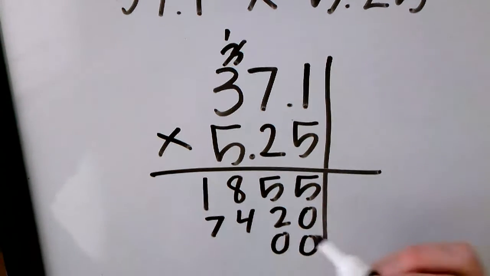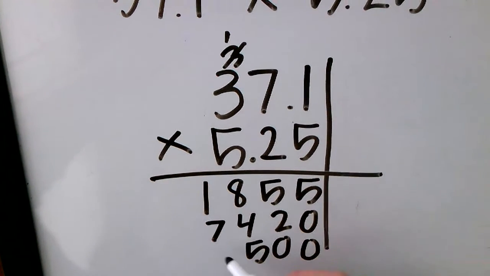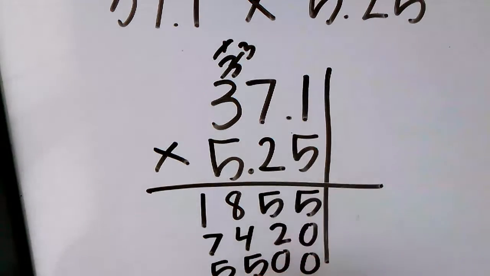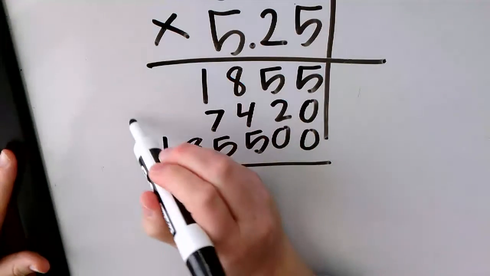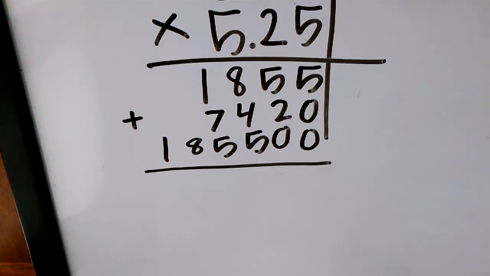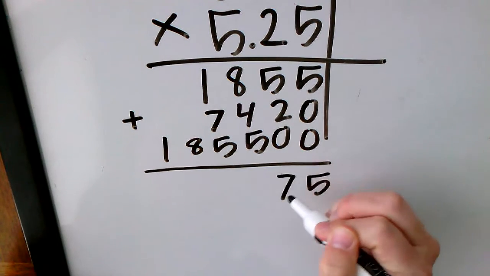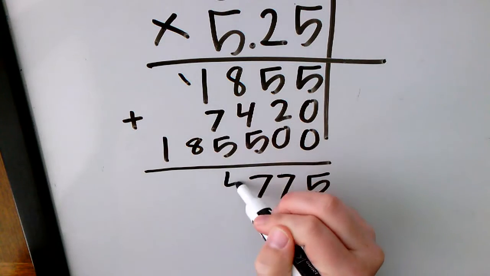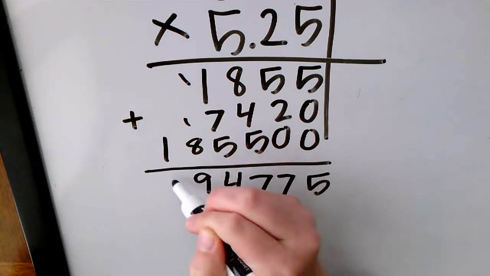I have 5, 35, 18 again. So I make sure that I line up all of my digits nice and neat, like so, and then I am going to add them all together before I bring the decimal back in. So I have 5, 7, 9, 17, 9, 10, 14, 9, and 1.